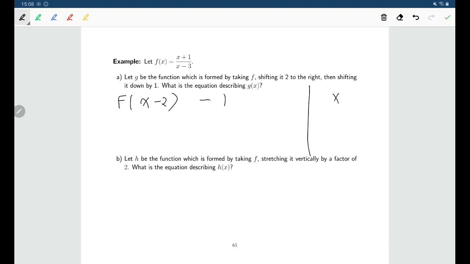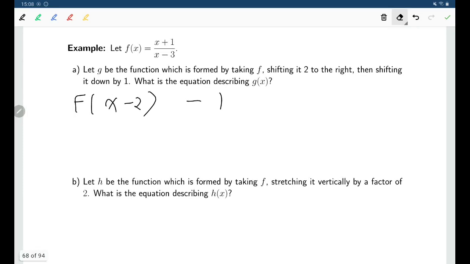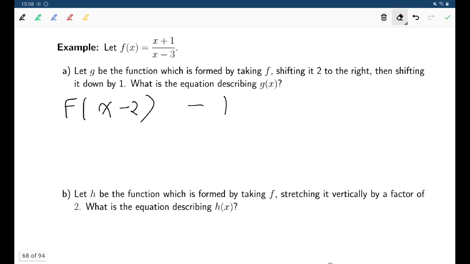Just like how x squared versus x minus 2 squared, this is the graph of x squared that's been shifted 2 to the right. So when I think about my function f of x, and I want to think about it being shifted 2 to the right and then shifted down by 1, that really is f of x minus 2 minus 1.